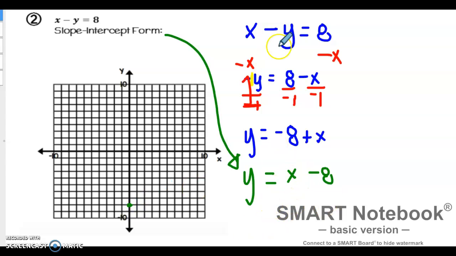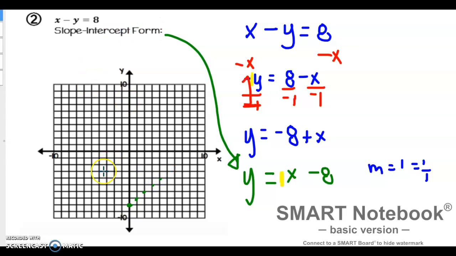Then here, when we have just x, y equals x minus 8, remember, there's a coefficient of 1 in front of the x that we just do not write, which means our slope is equal to 1, or 1 over 1 if you want to write it as a fraction. So from our y-intercept, we're going to go up 1, right 1, up 1, right 1, up 1, right 1, up 1, right 1.